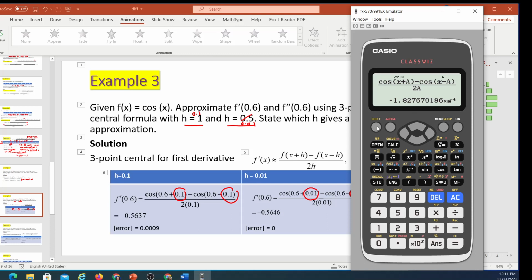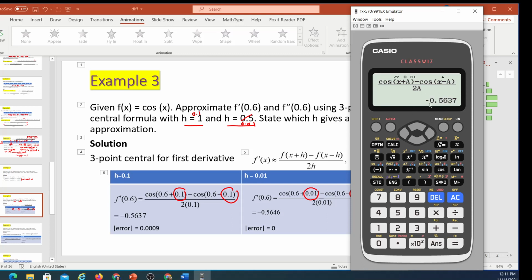Let me check the solution. Yes, that is now in degrees.